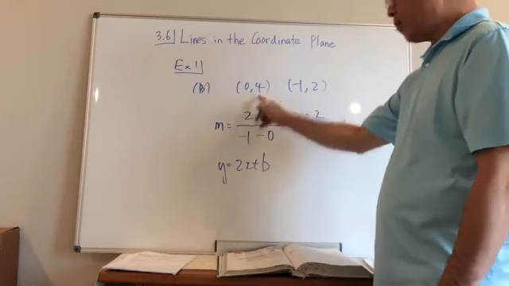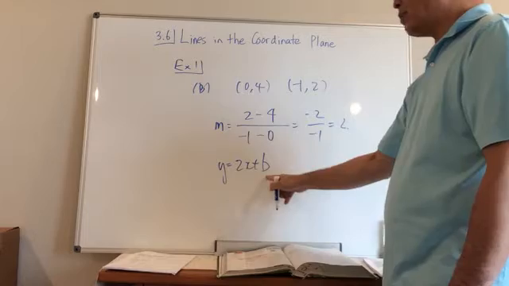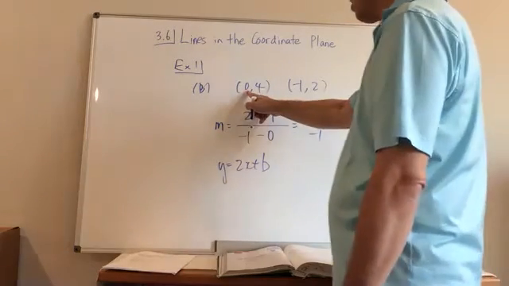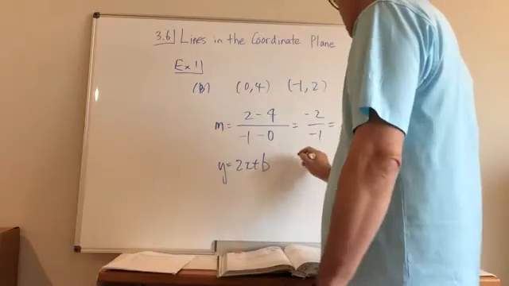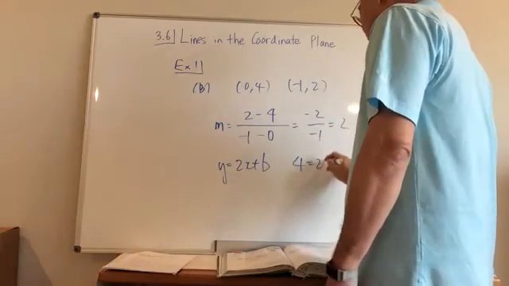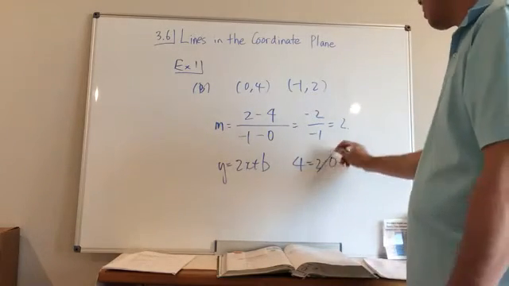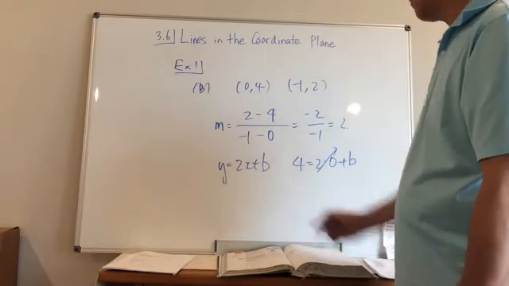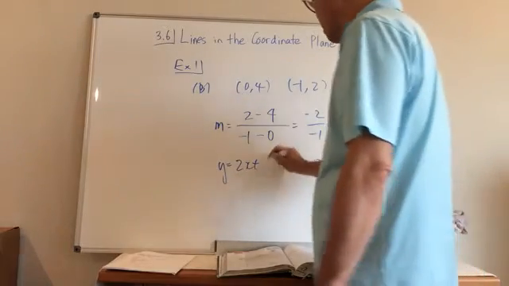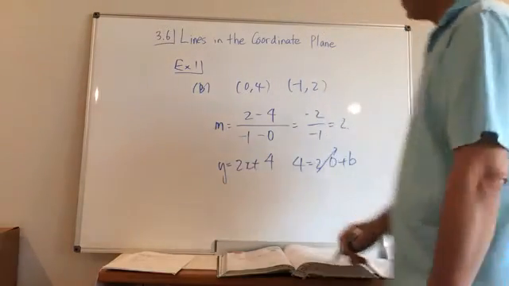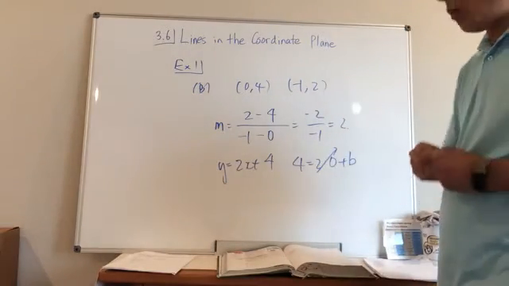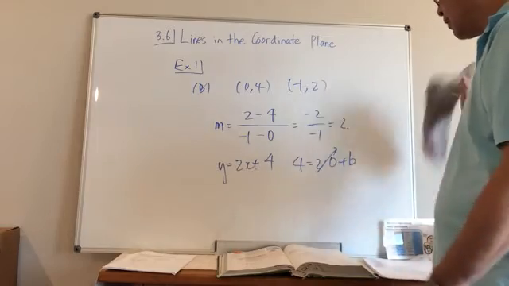And then I can go ahead and put one of these points in here to find what b is, right? So when x is equal to 0, y is equal to 4. So 4 = 2 times 0 + b. So this is 0. So I get b is equal to 4. So my final answer is going to be y = 2x + 4. Okay. So that's method number 1.